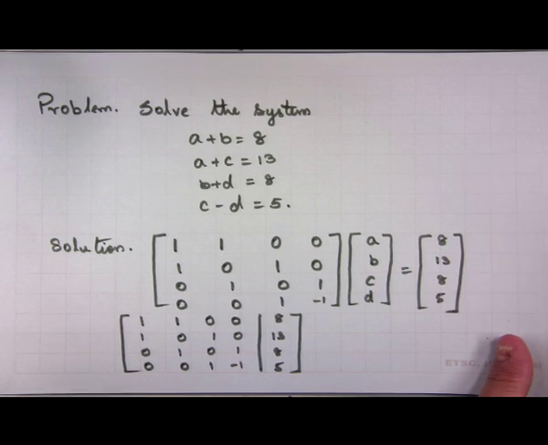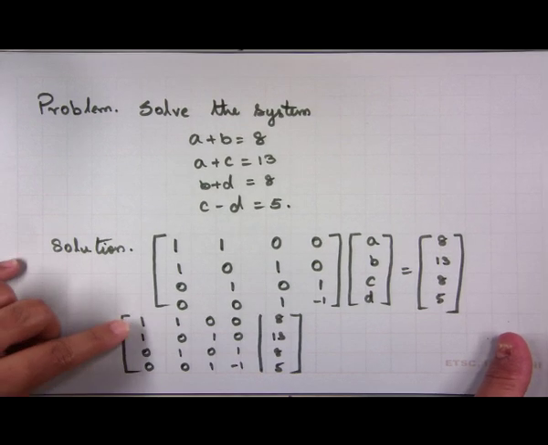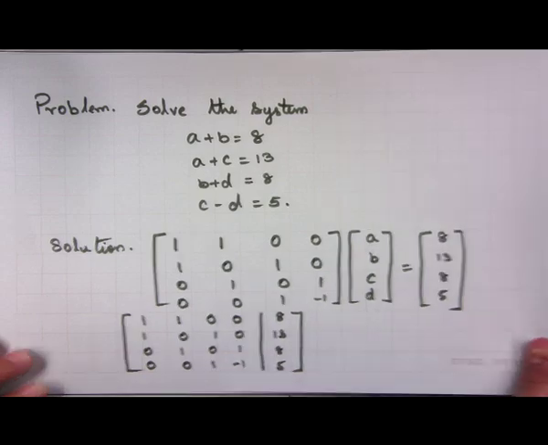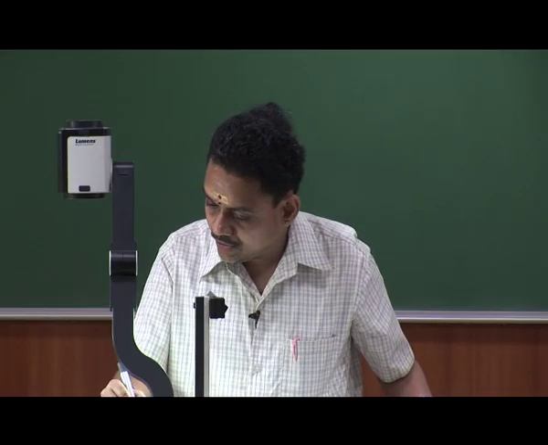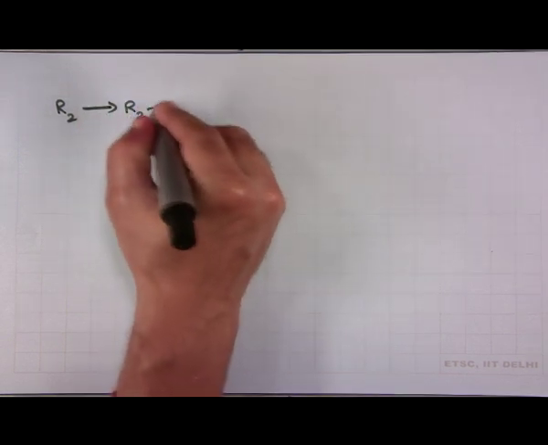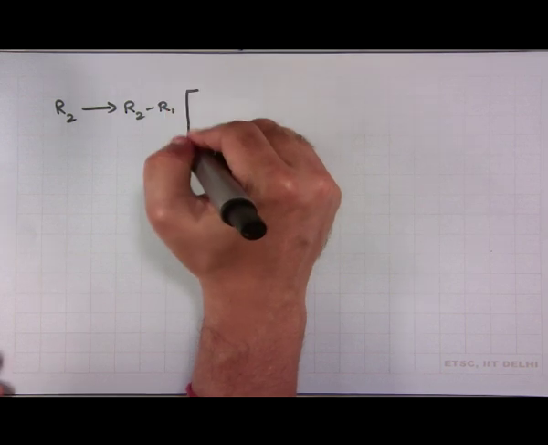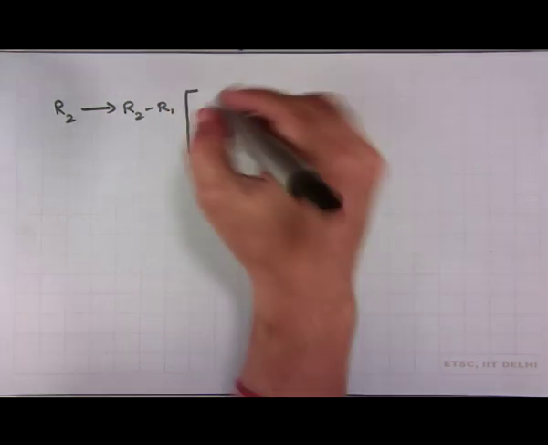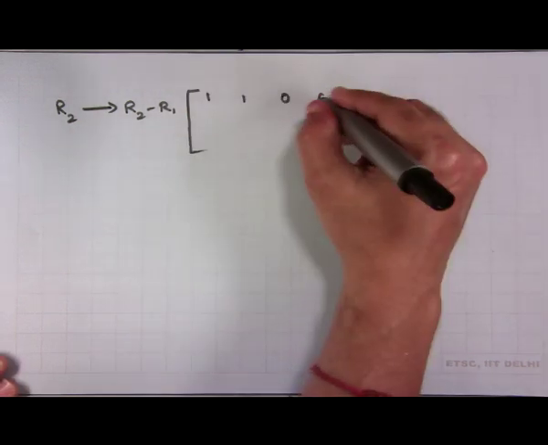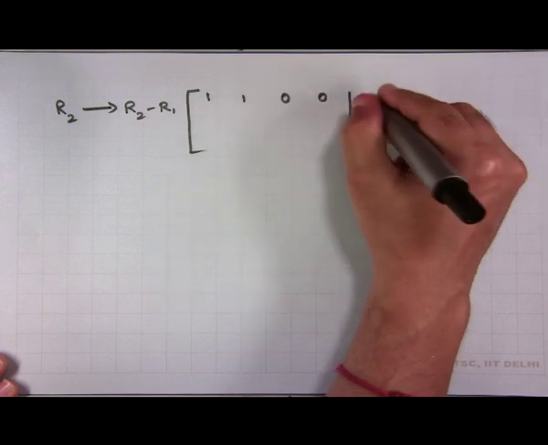The first row, the first element is 1, so let us not bother about it. We have to convert the other element which is 1, in the second row, into 0. So, R 2 is replaced by R 2 minus R 1. The resulting matrix: the first row remains unchanged, 1 1 0 0 augmented with 8.